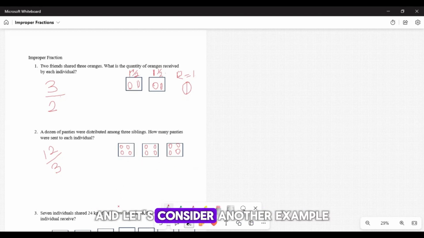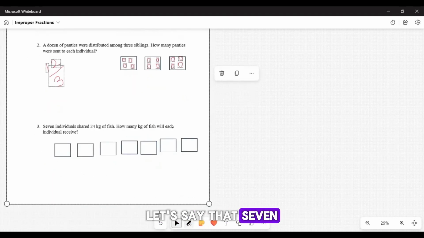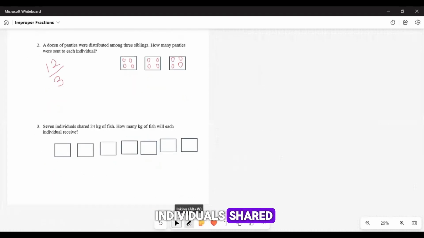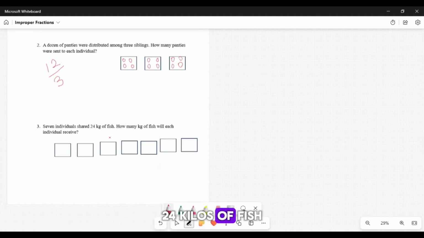Now let's consider another example. Let's say that 7 individuals shared 24 kilos of fish. And I've already told you that in sharing, it's better to view it as 1, 1, 1, 1, 1.